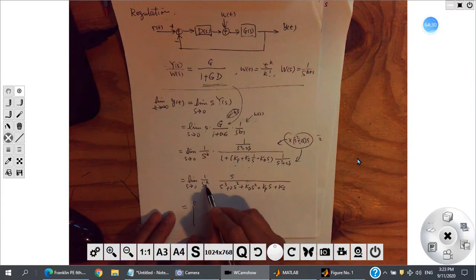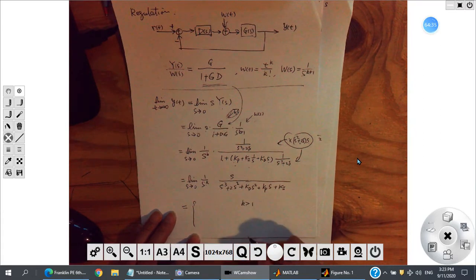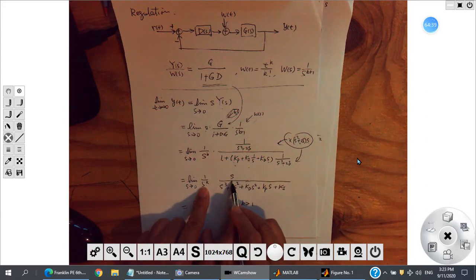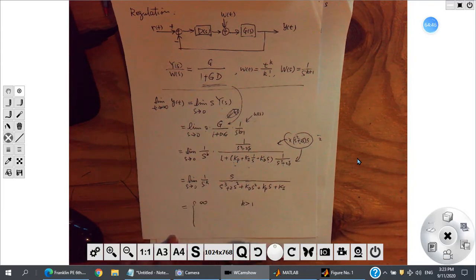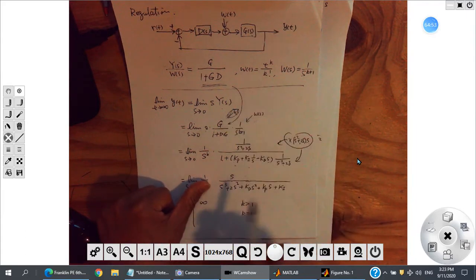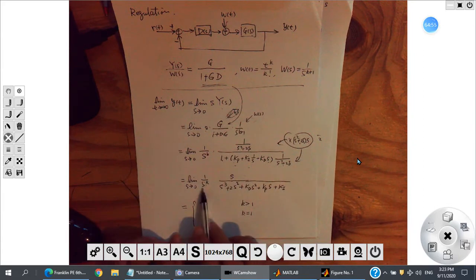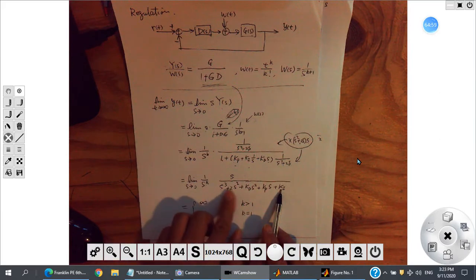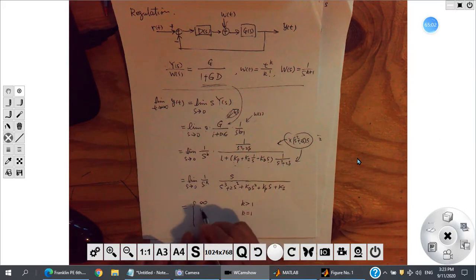If K is larger than 1, then you cancel this S, but you still have some S here. S goes to 0, you have something divided by 0, so you get infinite. If K is 1, then these two just cancel, so we only have the denominator. Let S go to 0, so we only have KI. So 1 over KI.